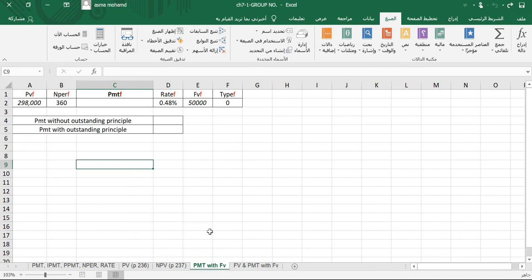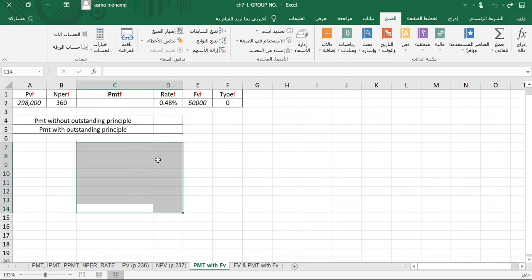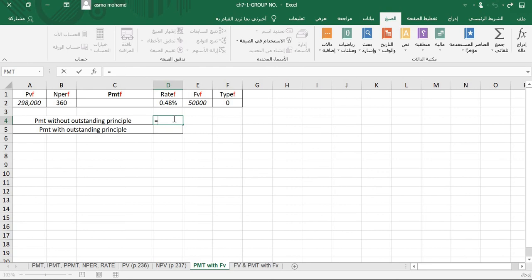Now let's move on to the PMT with the future value. The PMT with the future value means if I want to lend or borrow money with or without an outstanding principal. This is not very different from the others. It's just that if you understand the relationship between these numbers and what these numbers mean, you will be fine.